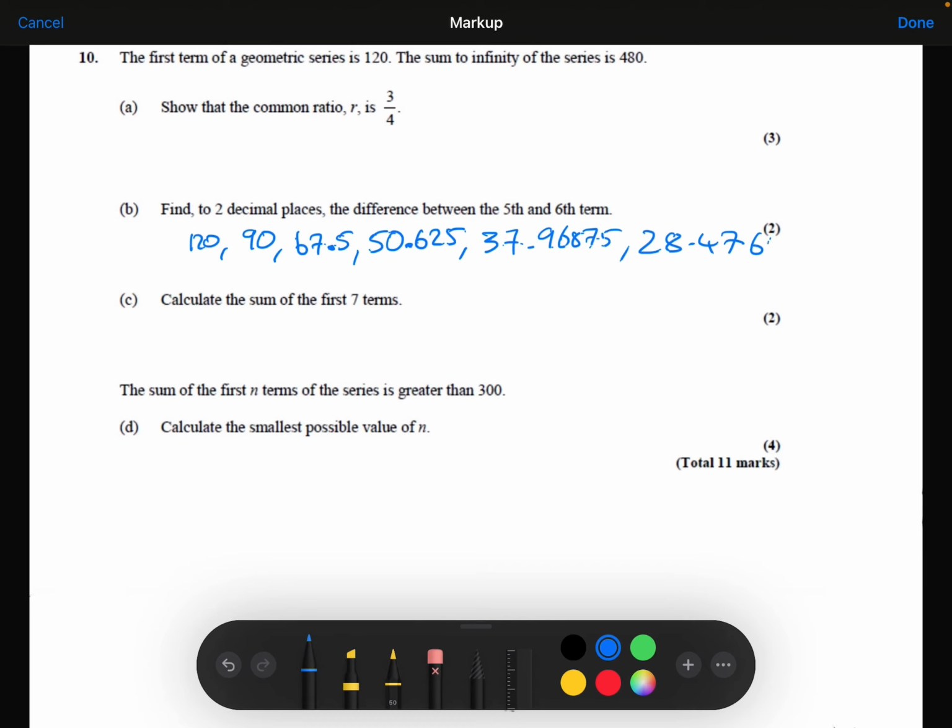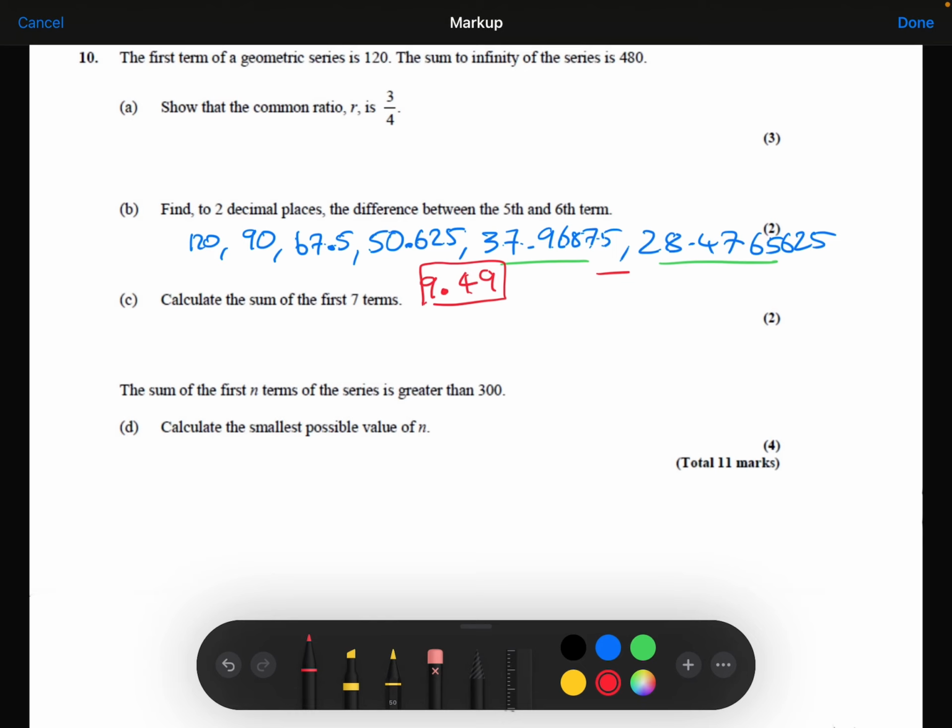And if we then take the 6th term away from the 5th term, so take this away from this, 37.96875 minus the 28, we get our answer to two decimal places, 9.49. That's the difference between the 5th term and the 6th term.